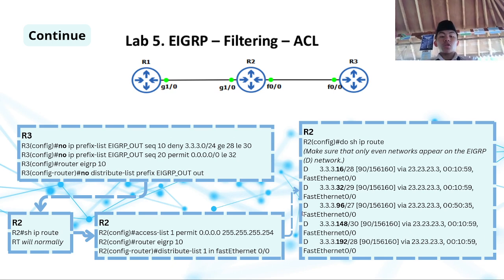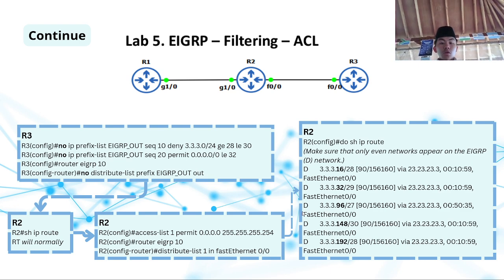And the conclusion is, to summarize the two labs: lab 4 is prefix list out. We filtered routes outbound from R3 so that router 2 and router 1 did not see certain subnets.